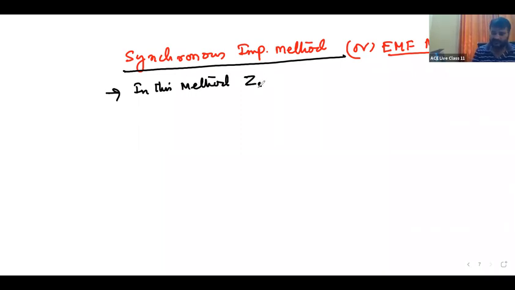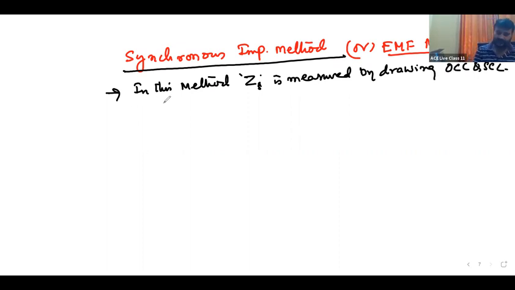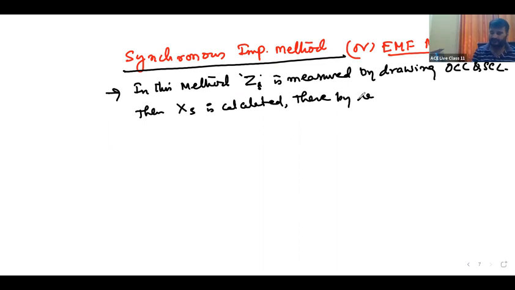ZS is measured by drawing OCC and SCC. After measuring ZS, XS is calculated, thereby regulation can be found.